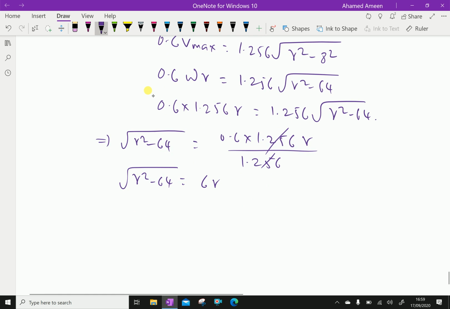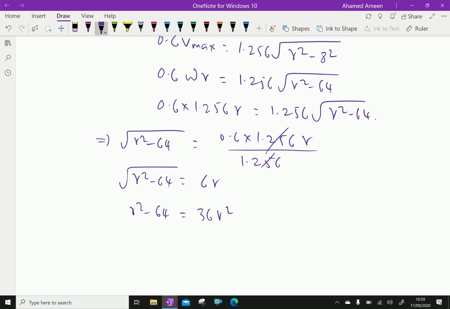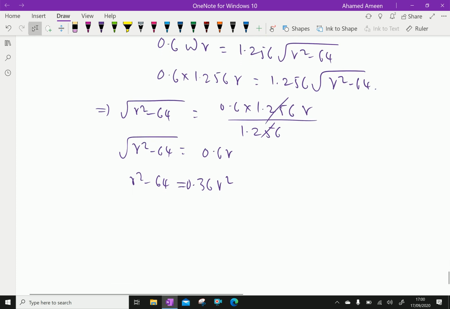Squaring both sides, r squared minus 64 equals 0.36 r squared.